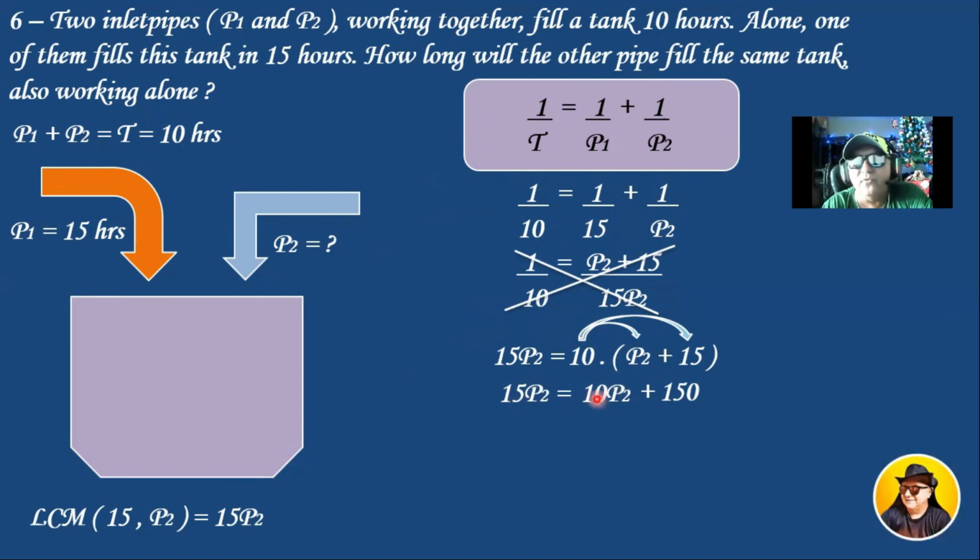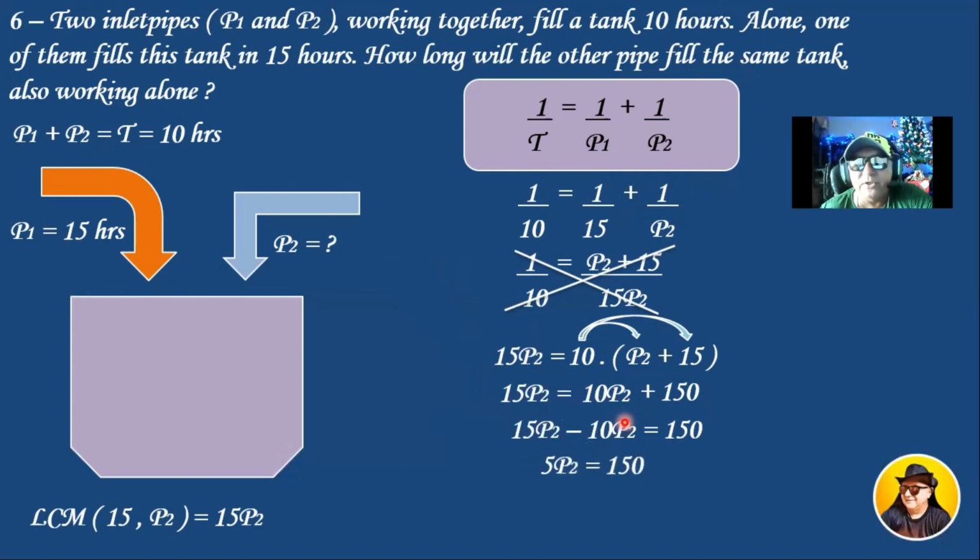Now I have that 10 P2 is similar to 15 P2, because both are P2. So I'm going to move 10 P2 to the right side of the equation. It was positive, now it's going to come negative. So I have that 15 P2 minus 10 P2 is 150. Now I can operate this because they are similar terms. So 15 P2 minus 10 P2 is 5 P2.